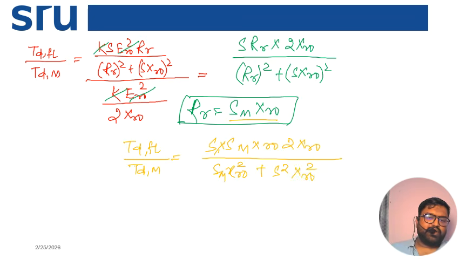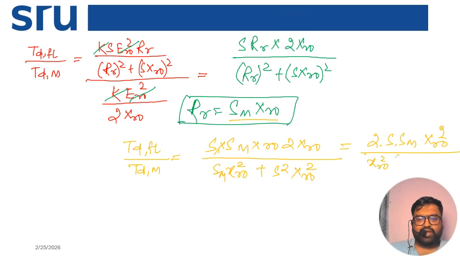That means this will come like this: 2 into S into SM, XR0 whole square, divided by XR0 whole square taken common, which is SM square plus S square.